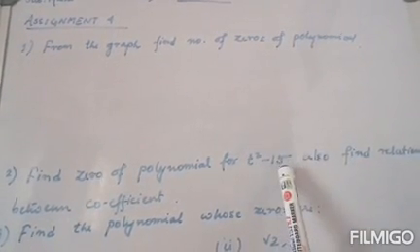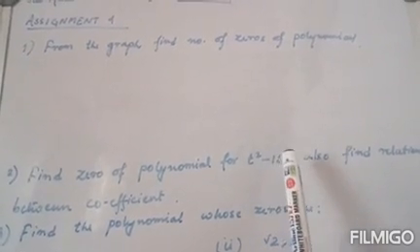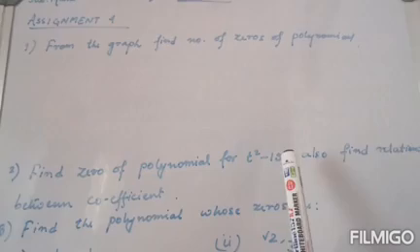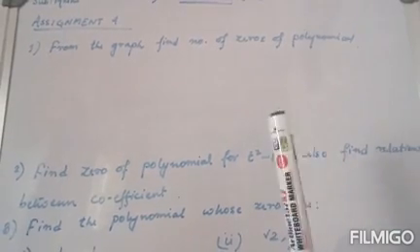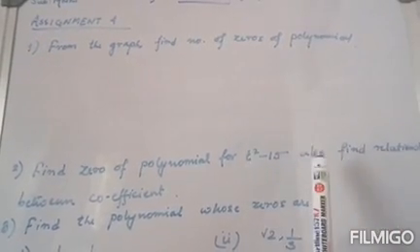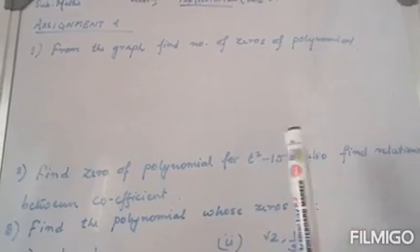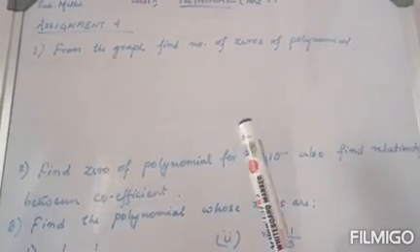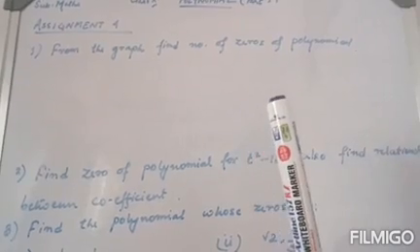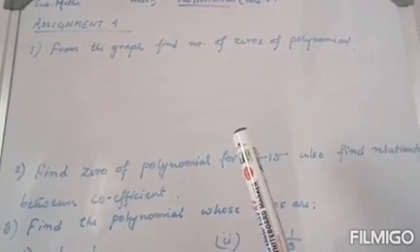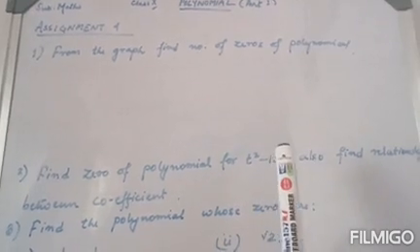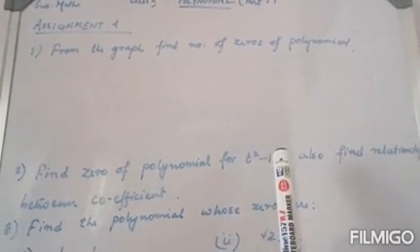You will equate this polynomial to 0 and factorize, and you will get two values. As this is quadratic, you will get two values of t. From there you will find the sum of the zeros and the product of the zeros. If an irrational number comes, don't get confused.